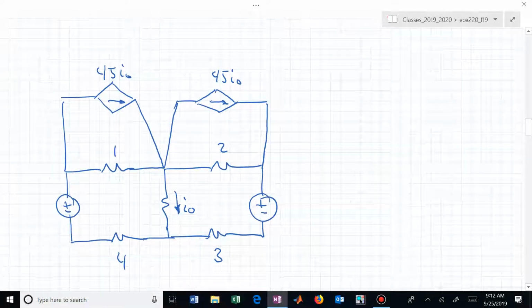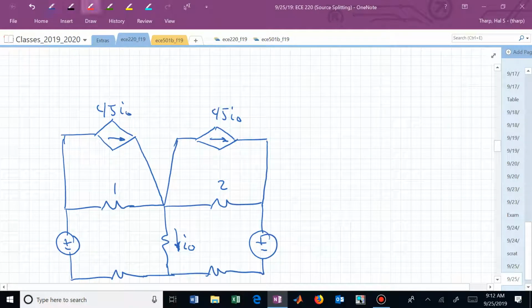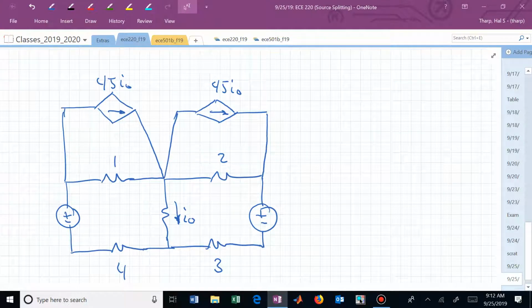Now I've drawn this, and what I'm hoping is after all of this time that we've played with these different source representations, you start to see a source in this mix, or two sources that might look something like we could transform into their equivalent. What do you see relative to these current sources?